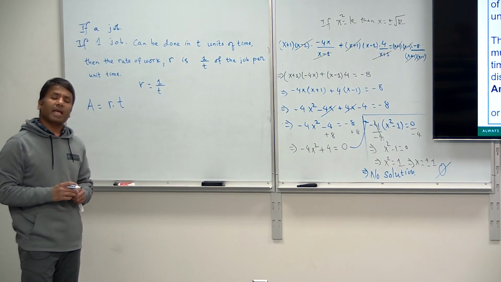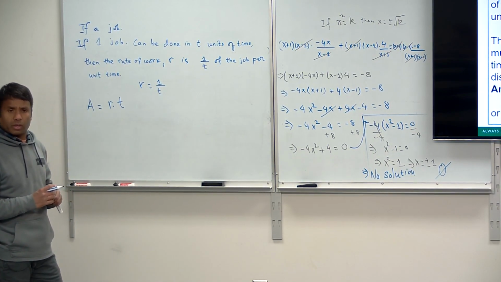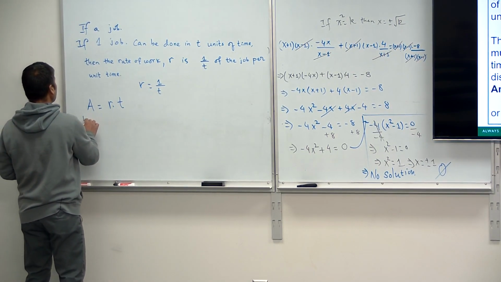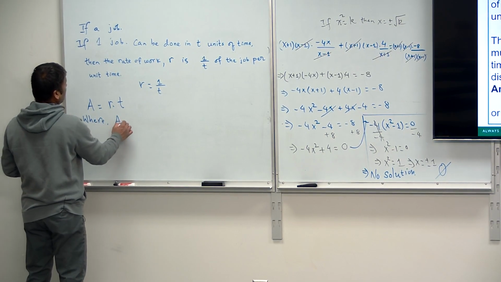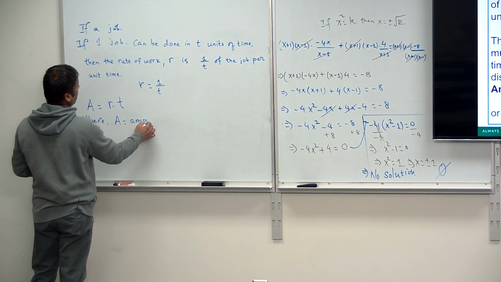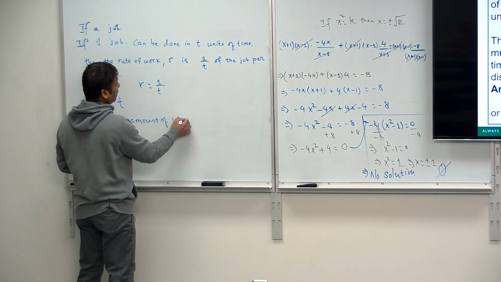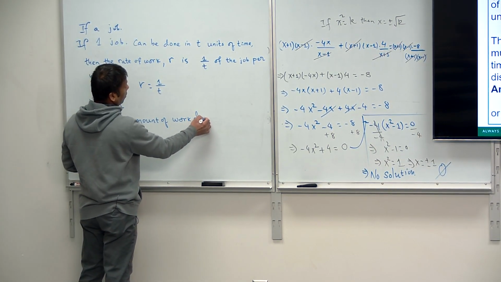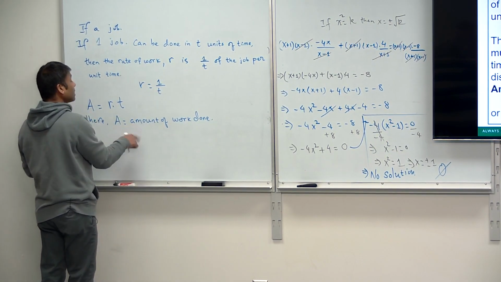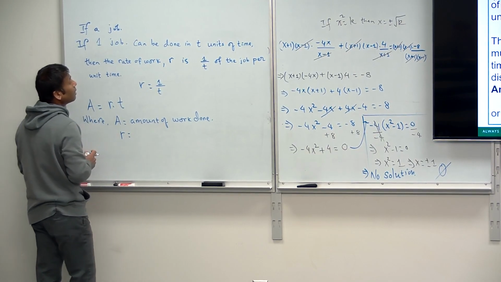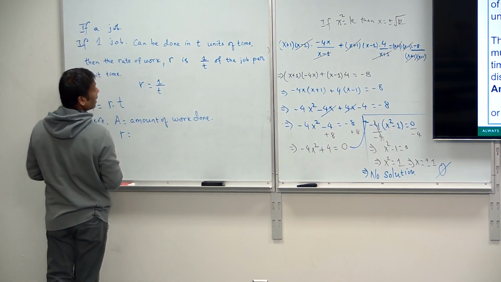So t is the amount of time worked. Where A is the amount of work done or completed, and R is the rate of work.